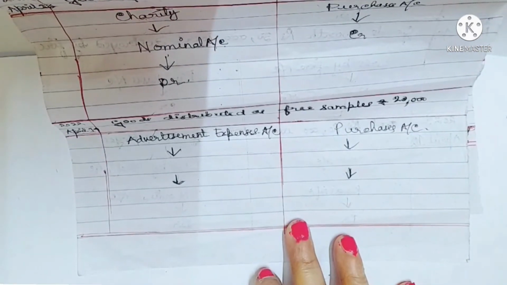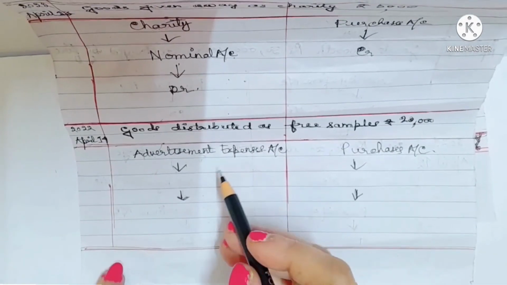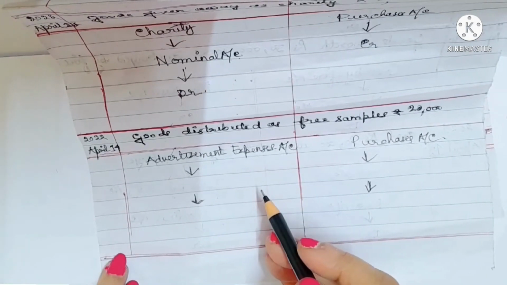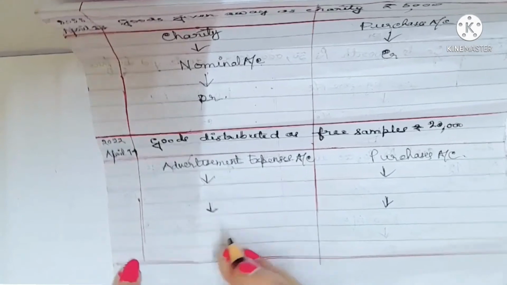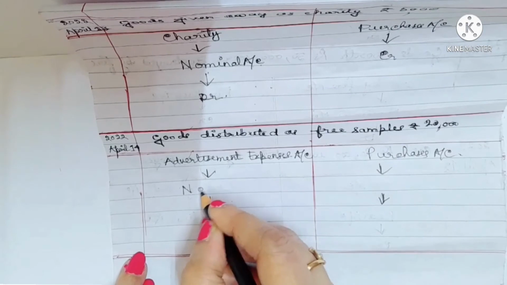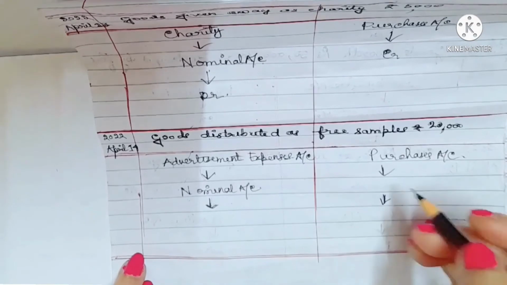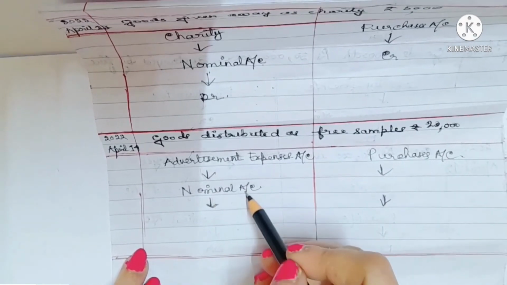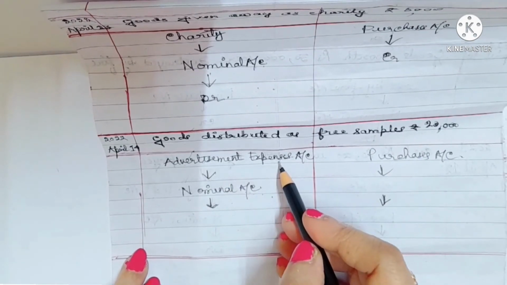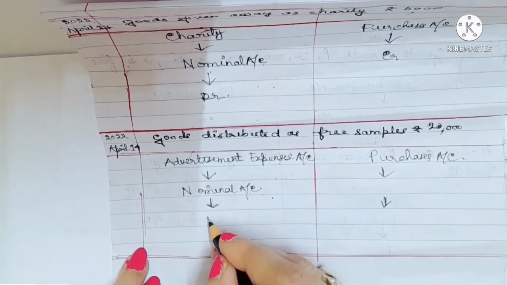Always remember, when goods are distributed as free samples to the buyers in order to promote the businessman's sales, it will be treated as an expense of the business. So advertisement expenses fall under nominal account. According to nominal account, all losses and expenses are debited. So it should be debited.